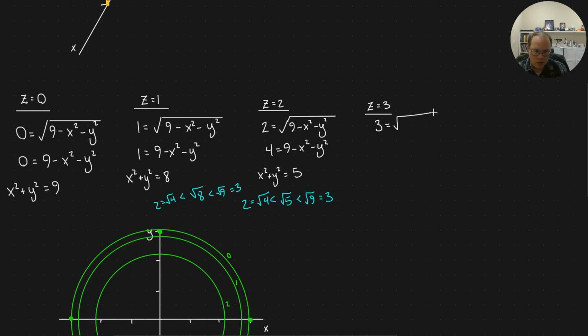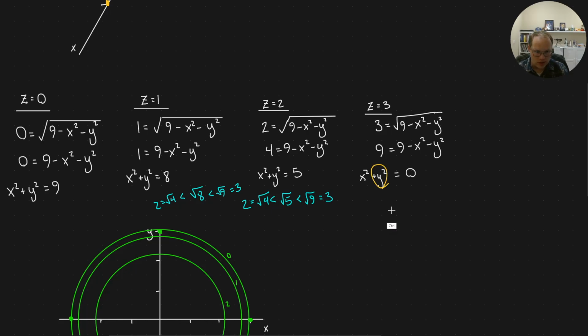I get 3 equals root 9 minus x squared minus y squared. Square both sides. I get 9 equals 9 minus x squared minus y squared. Now we're going to have something a little different go on. Now I get 9 minus 9, that's 0. I can move the x squared and y squared to the other side still. But now I get x squared plus y squared equals 0. I can't have a circle of radius 0. What's going on here? Well, notice x squared is always non-negative.